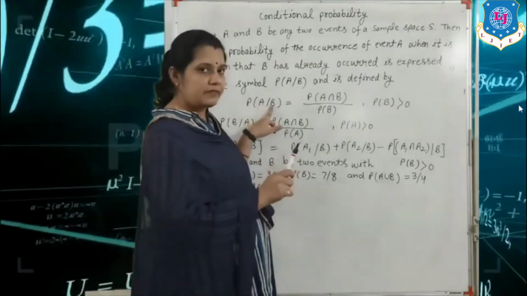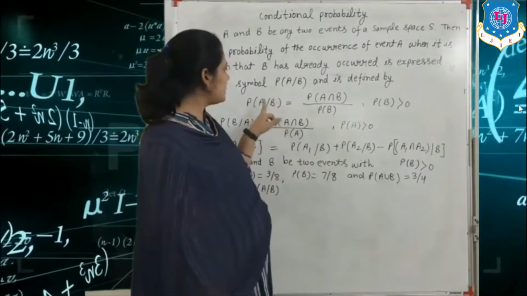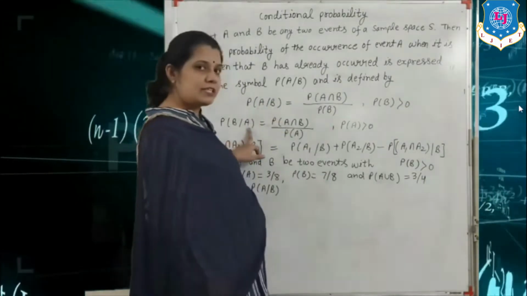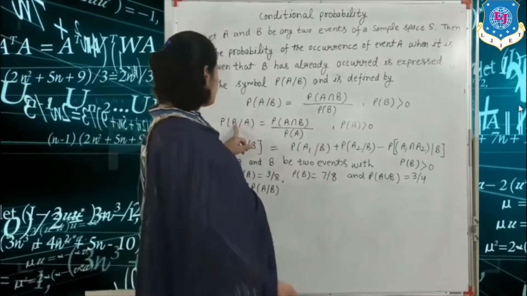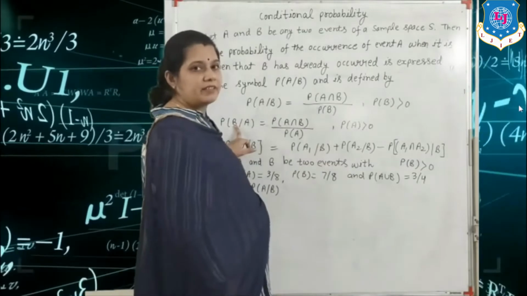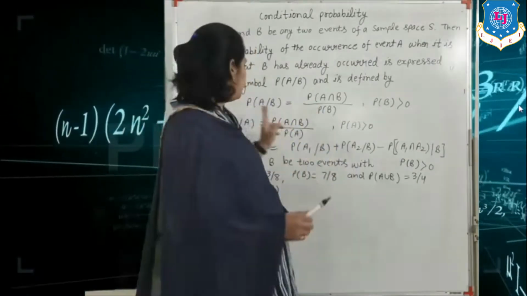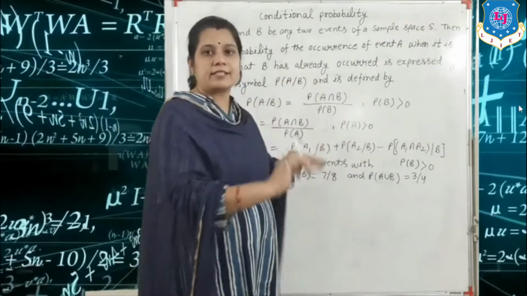The completed event we write here after the slash. For example, if we write A slash B, that means B is completed, after that A is started. If we write B slash A, that means A is already completed, after that the B event is started. That means one event is already completed and we write it after the slash.